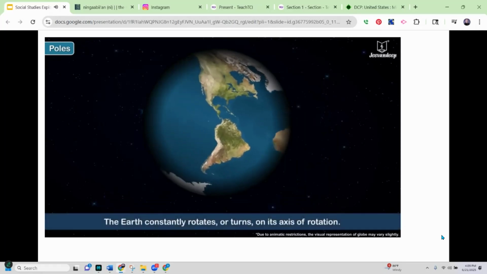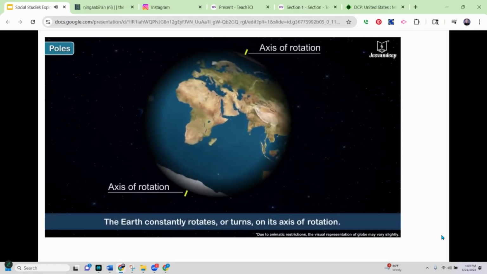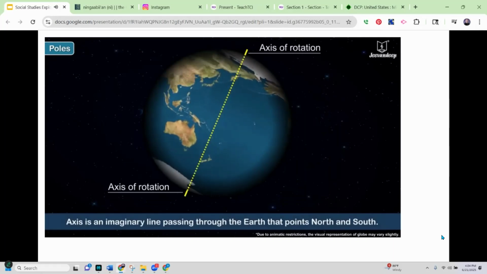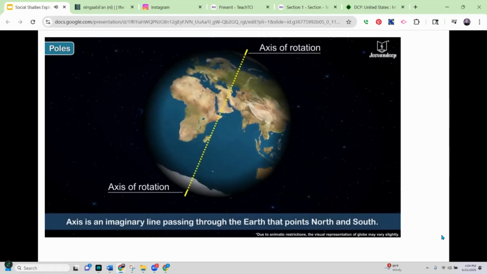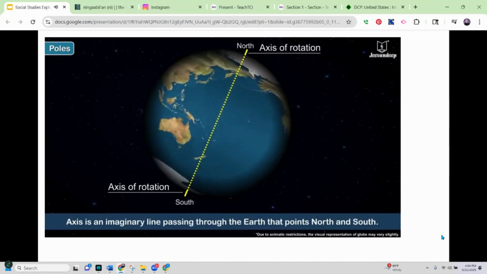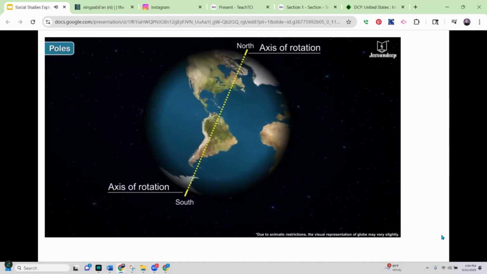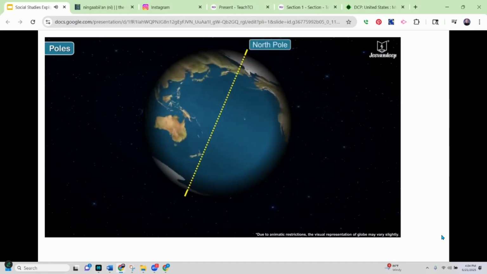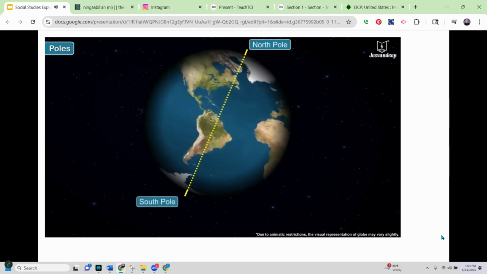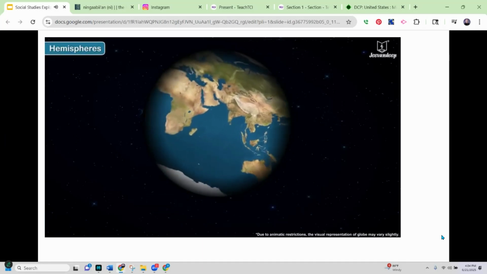Poles. The Earth constantly rotates or turns on its axis of rotation. This axis is an imaginary line passing through the Earth that points north and south. Look at the picture. The Earth has 2 poles. The northernmost point is the North Pole and the southernmost point is the South Pole. Hemispheres.